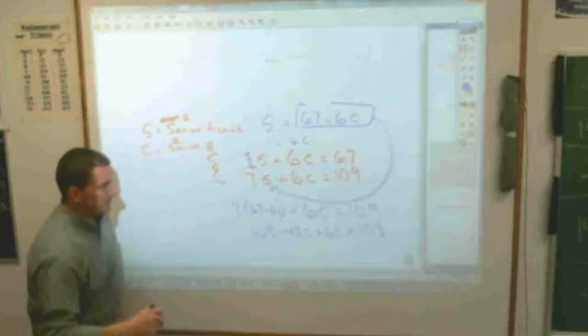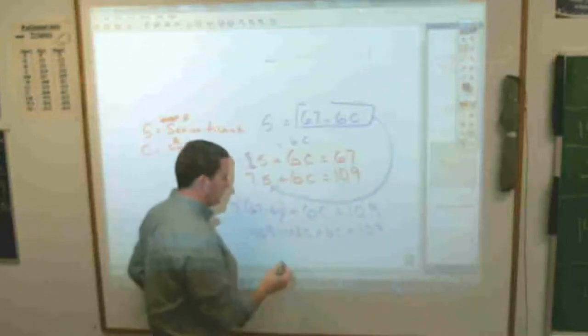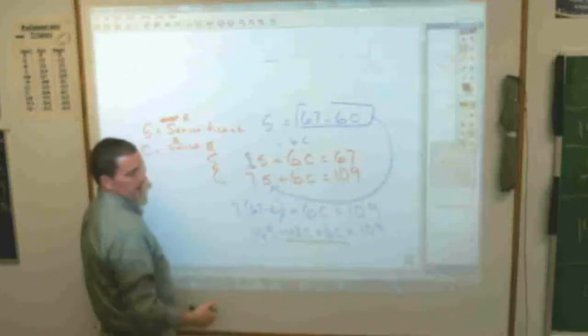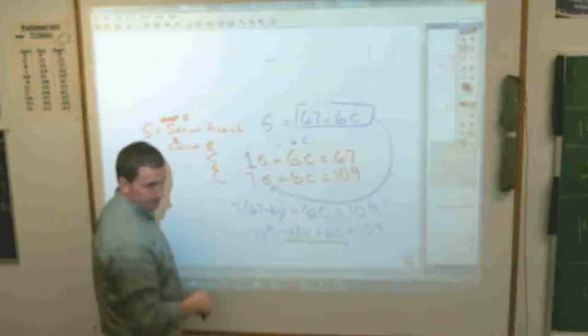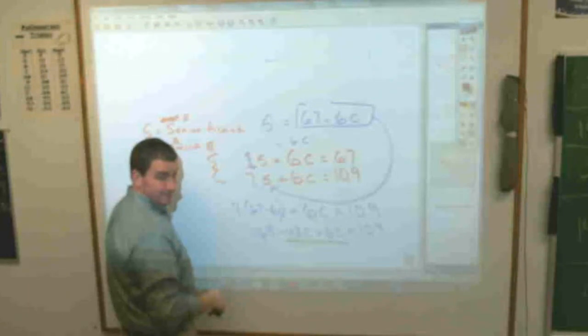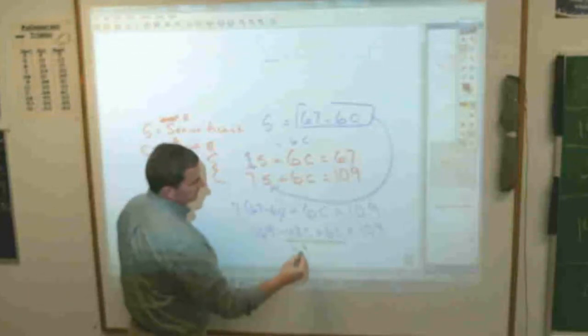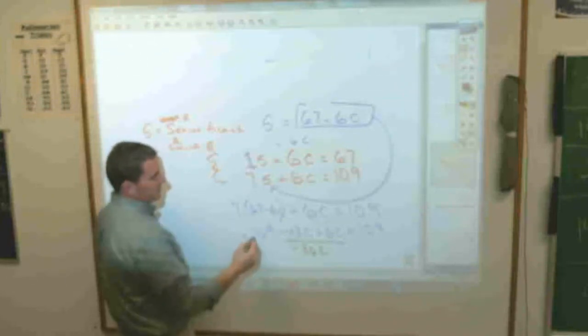Now what am I going to do? I am going to combine like terms. What's a negative 42C plus 6C? Negative 36C. And I'm going to subtract my 469.